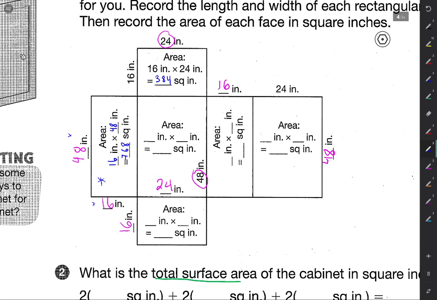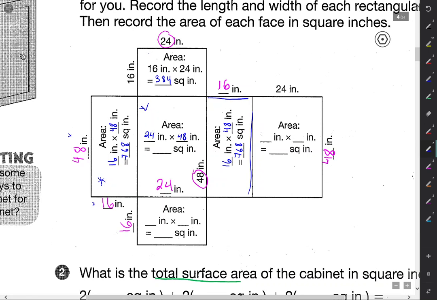And while my tablet's turned, I'm going to do this one over here. We have 16, which is this side, and this one over here would be 48 once again. So this is going to be the exact same as the last one we did, 768 inches squared. And now we can work on these other ones. This bigger one here, we would have 24 times 48.